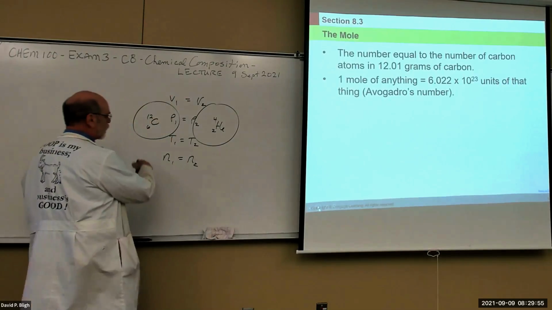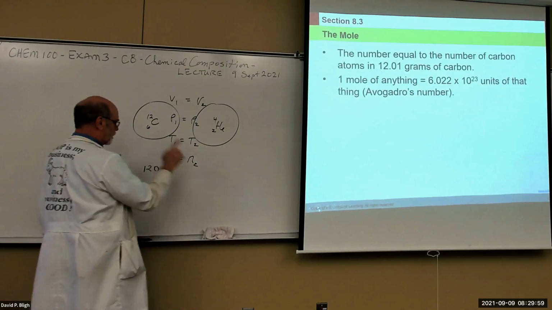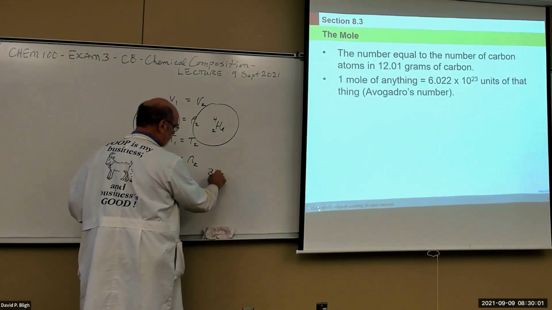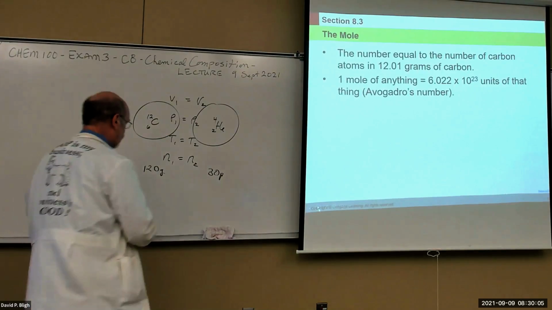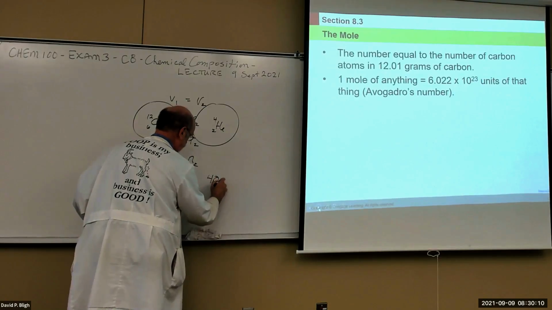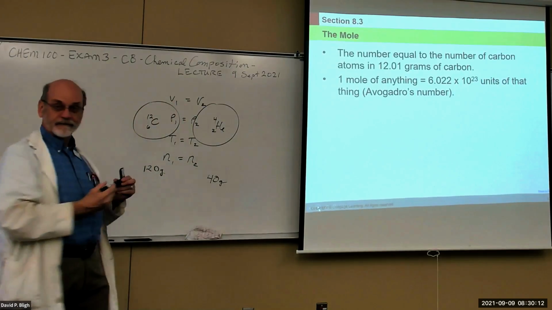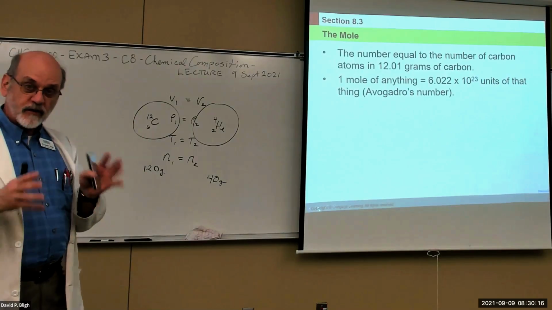Let's say, for instance, we determine that this one is 120 grams. This one has to be 30 grams. Oh, excuse me, 40 grams. Okay? That's how you relate one element to the other in terms of their mass.